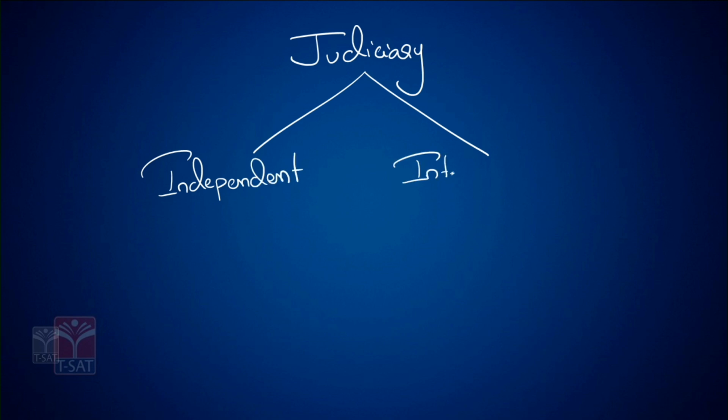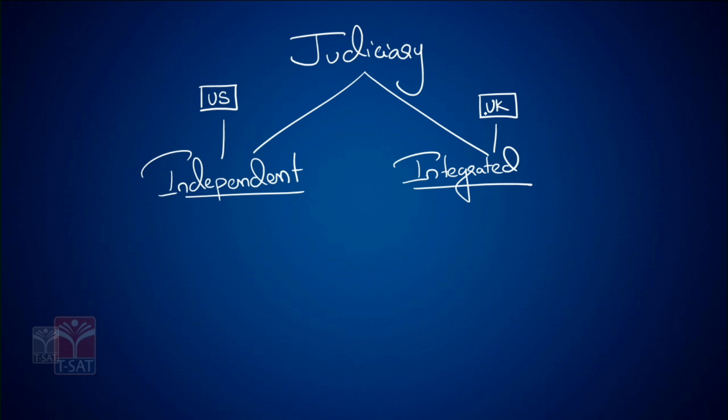The second one is integrated judiciary. Indian judiciary is independent like the US judicial system. Indian judiciary is also integrated like the UK judicial system. It is both integrated and independent.